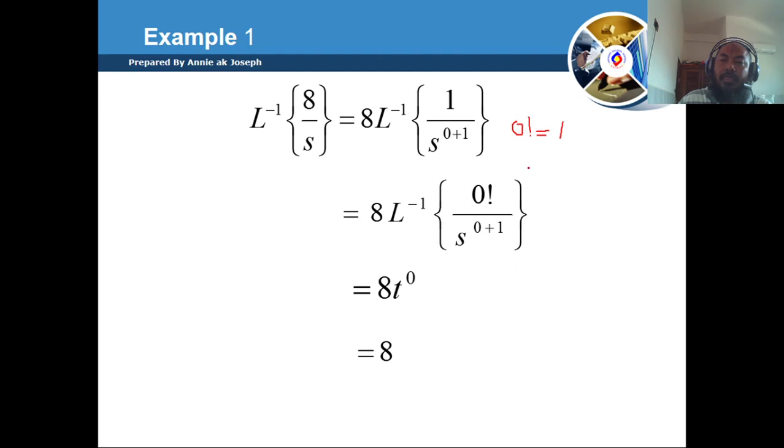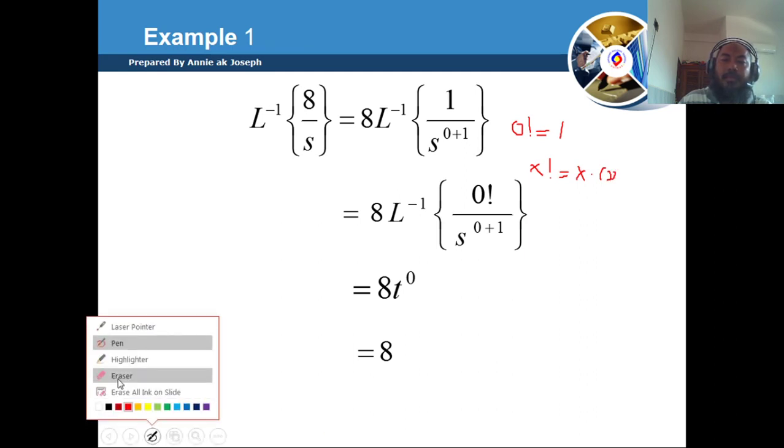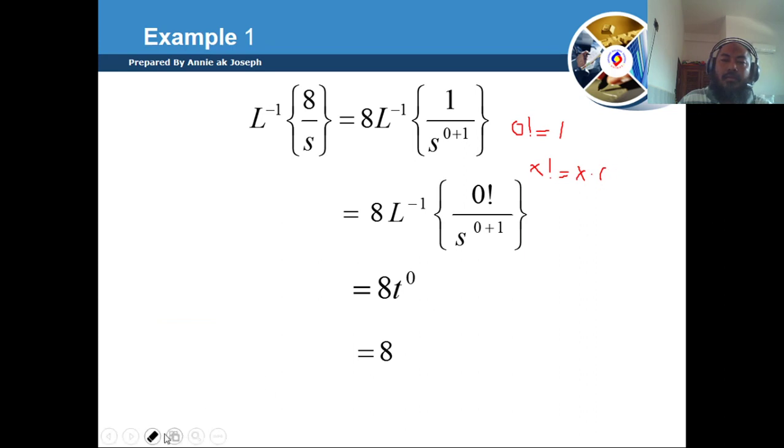So it could be like this. Let's say x factorial is equal to x multiplied by x minus 1 factorial.